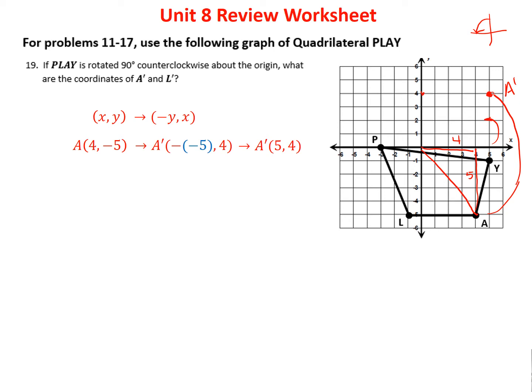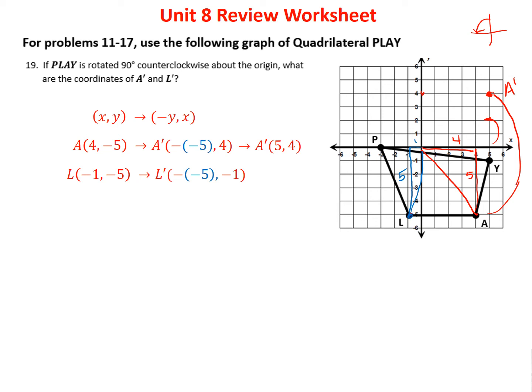At the same time, if we do the other one, we're doing L next. L is here, and notice that, let me do it in blue so we don't get confused. L here, and notice if I did my graph here, it goes down 5 and over 1. So when I rotate it, it's going to end up over here.